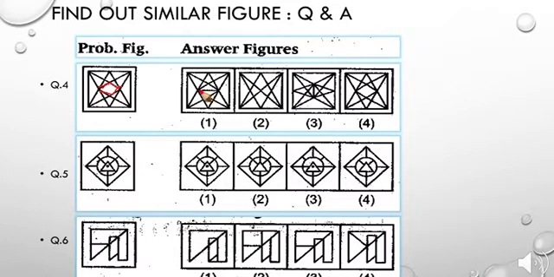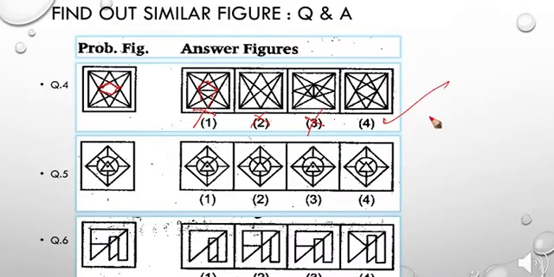In the first option there is a diamond shape design, but inside it is not vacant, there's a line. So this can't be the answer. In option 2 the diamond is not formed, so this could not be the answer. In option 3 the diamond shape formation is there, but there is a vertical line drawn, so it can't be the answer. What is left is option 4 only, and that is going to be the answer.